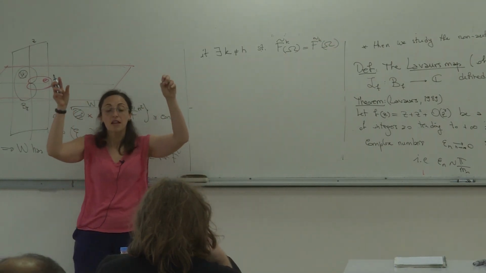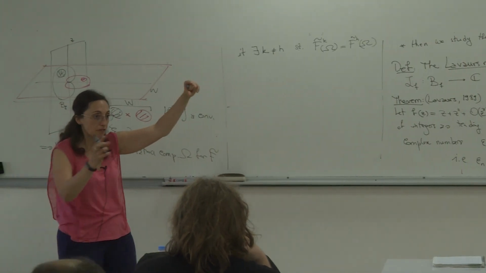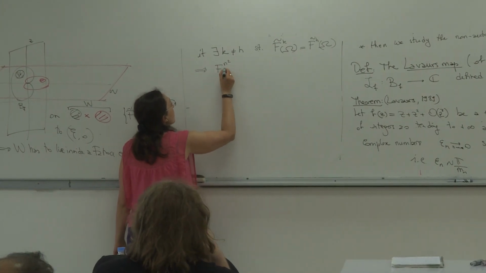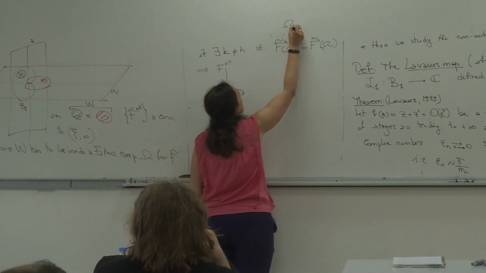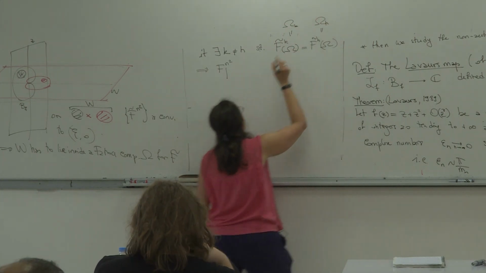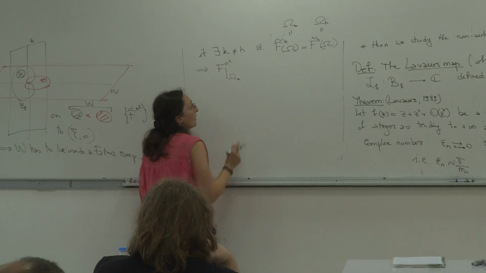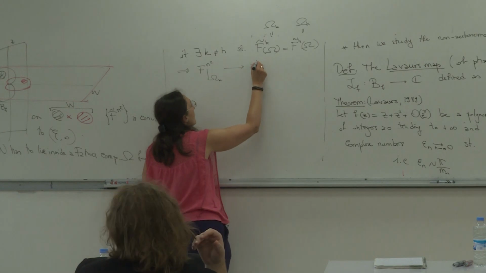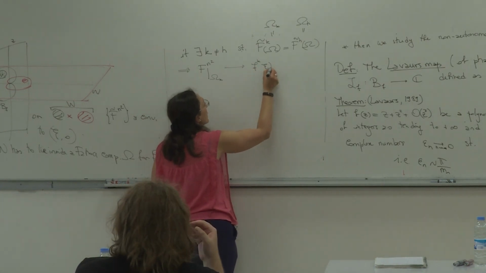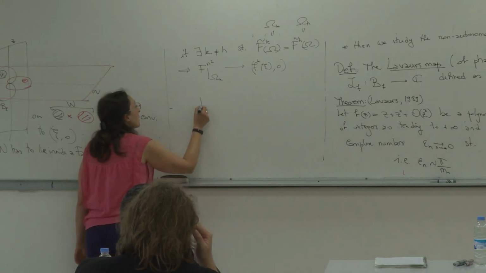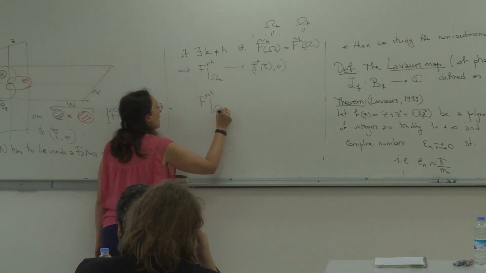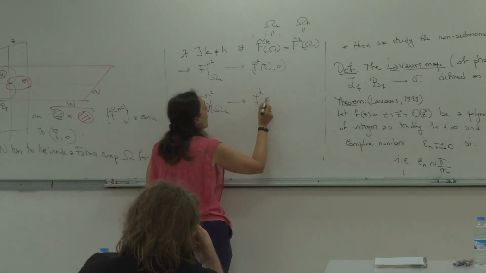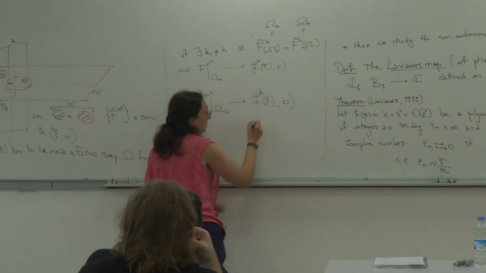So if there is a moment where it goes back to one of its images, then f n squared restricted to omega k converges to little f iterated k times of psi 0, and when restricted to omega h, it converges to little f iterated h times of psi 0.